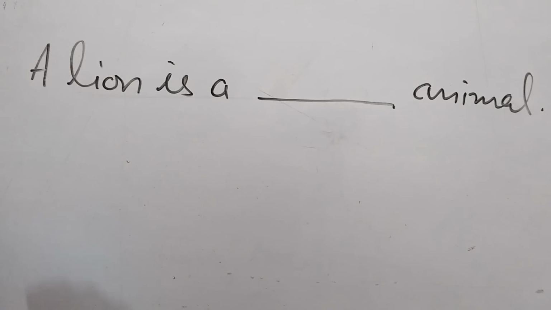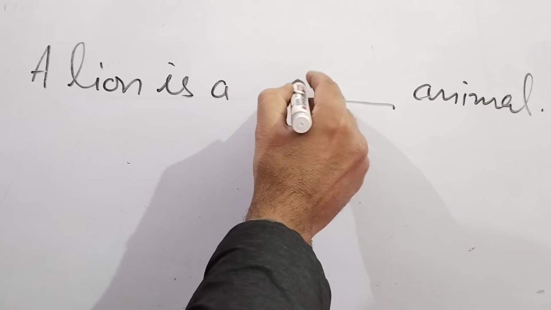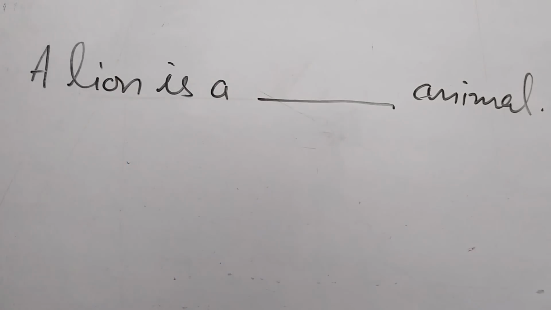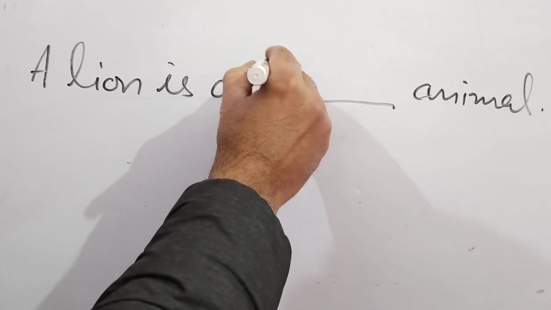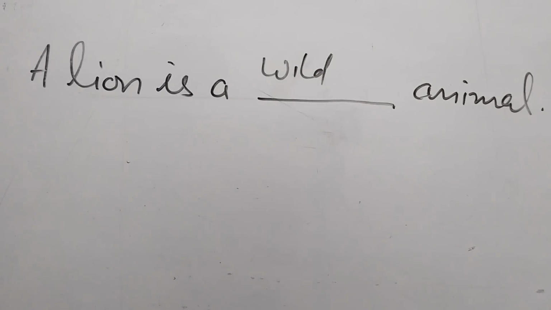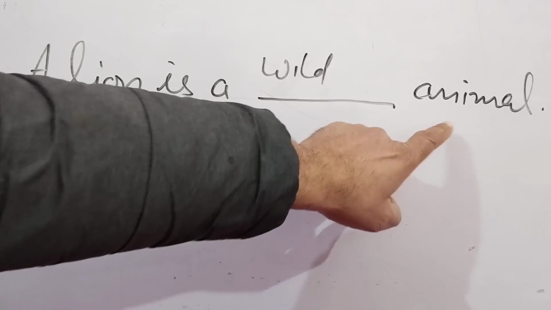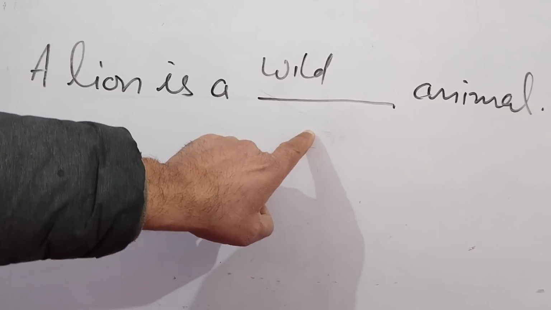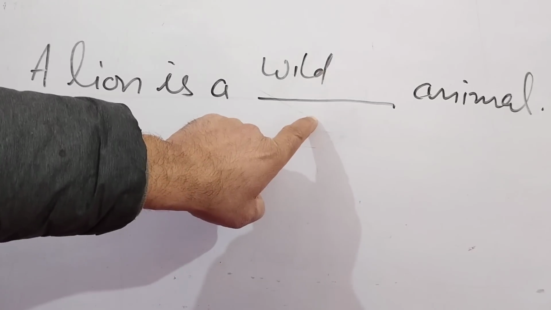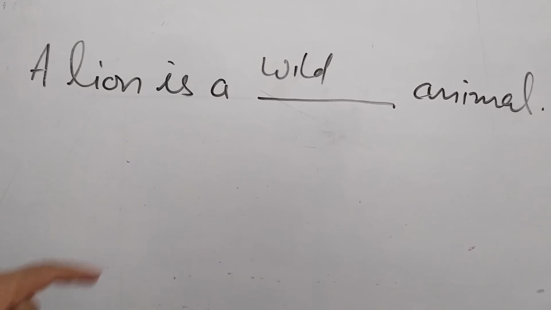Okay, look at this sentence: a lion is a dash animal. So for 'dash animal', here you have to write an adjective. Which type of animal? It can be a wild animal, or a dangerous animal. So if you get a blank before the noun, अगर noun से पहले आपको blank मिलती है तो that is always an adjective.